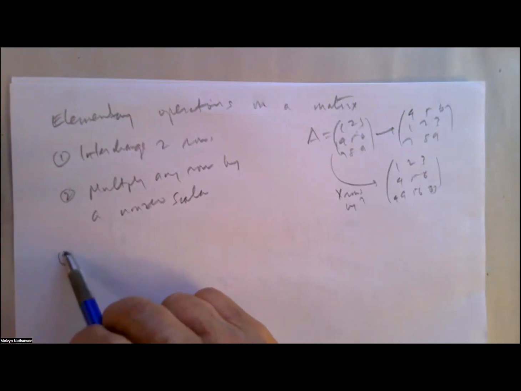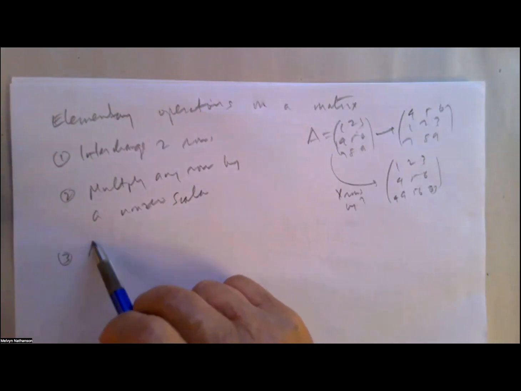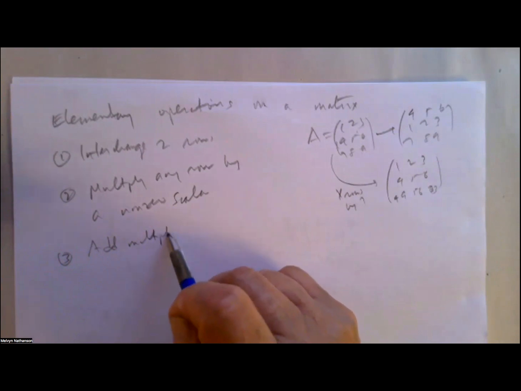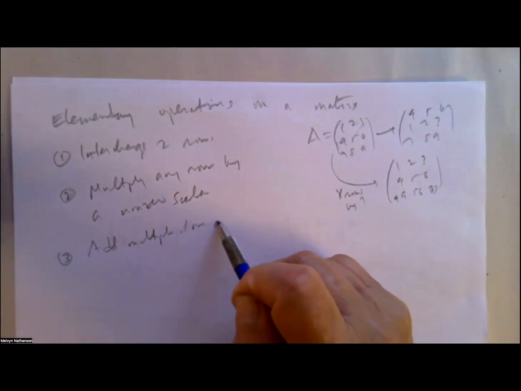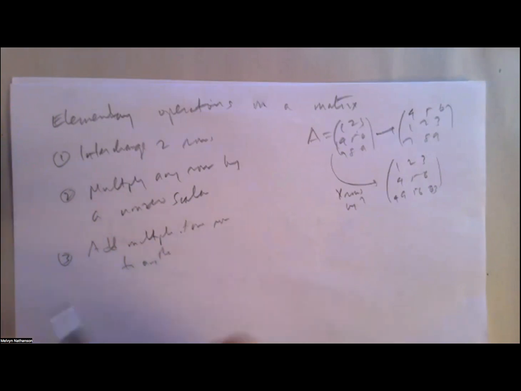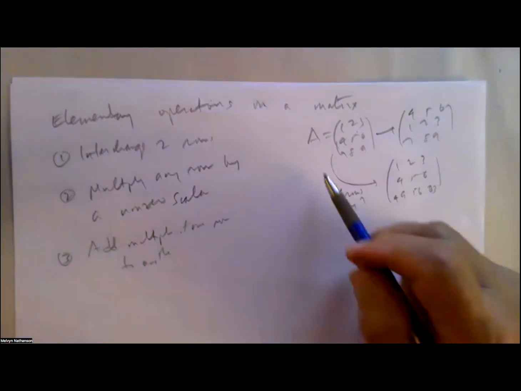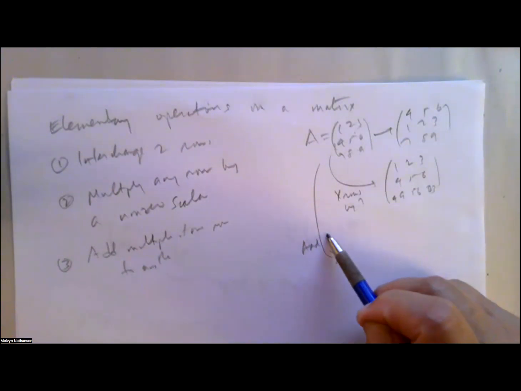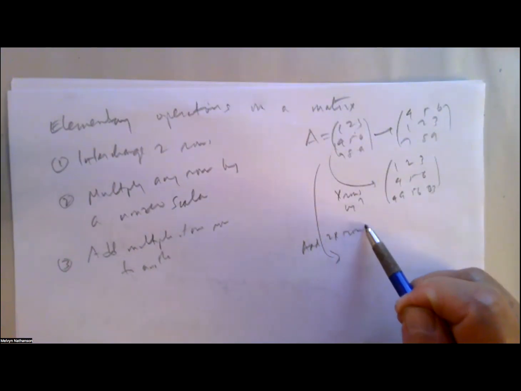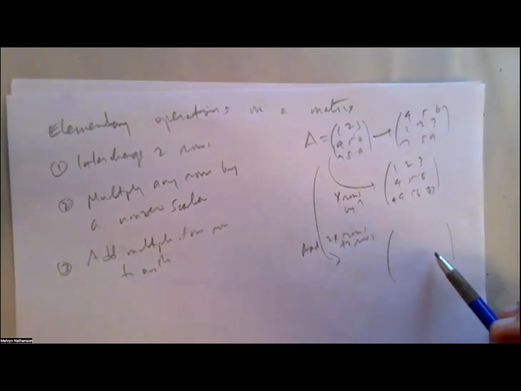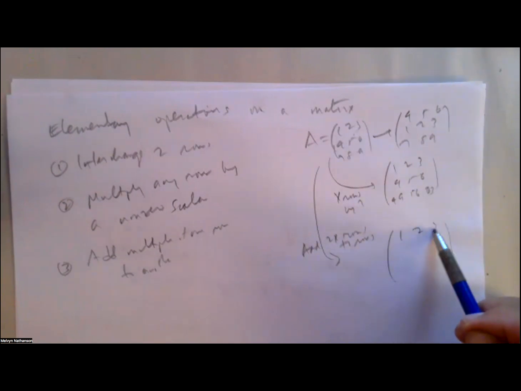And the third operation I can do is I can add a multiple of one row to another. So let's say I add 2 times row 1 to row 3. So the first row isn't changing.